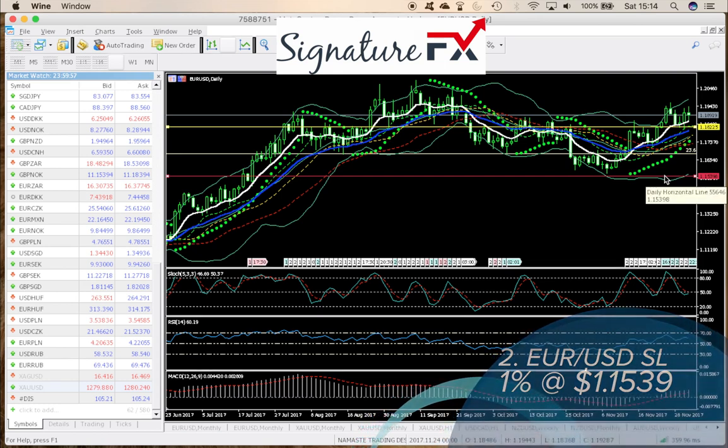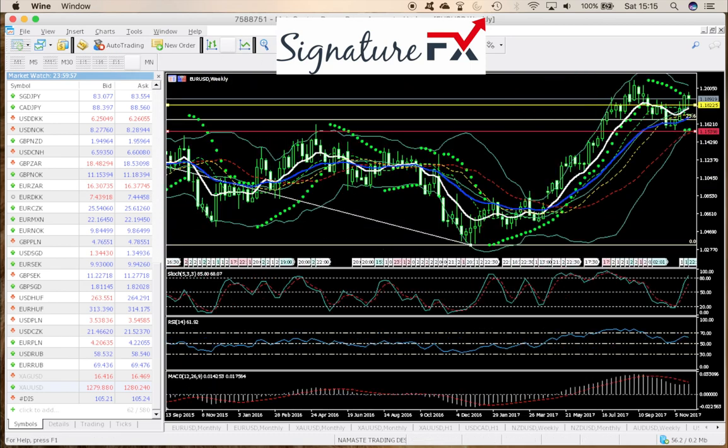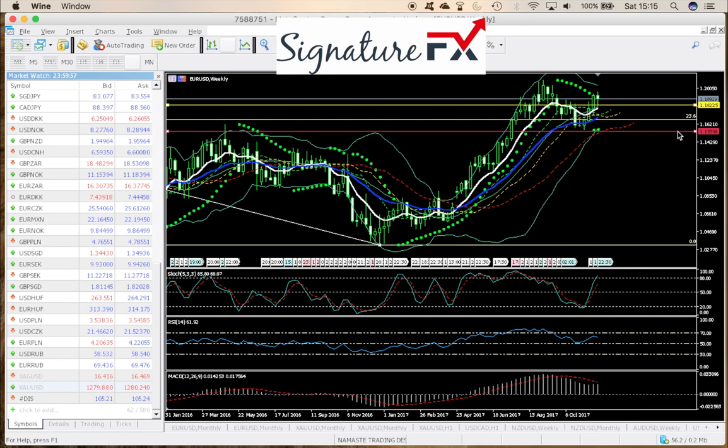Okay, and what we're going to do is, once we enter into this position at 1.1822, if we see the price action head higher, we're going to bring our stop loss higher. We'll probably bring our stop loss above break even, so that the worst that could happen is that we break even.